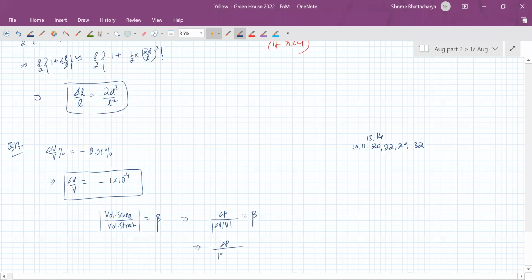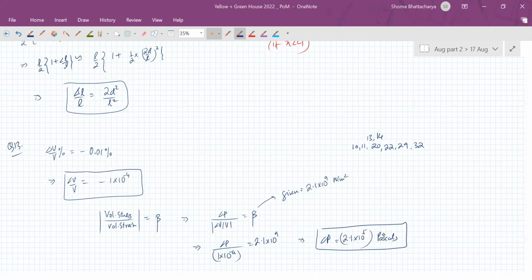So delta P divided by 1 into 10 raised to minus 4 is the Bulk's modulus, which is given to us to be 2.1 into 10 raised to 9. So the change in pressure that is required is the product of this. So 2.1 into 10 raised to 5 pascals, or 2.1 atmospheres almost. Okay, so hope this question is clear.